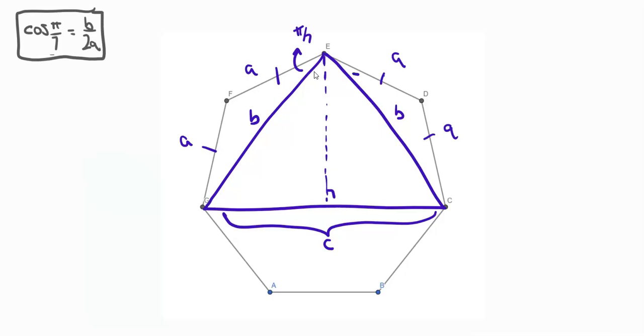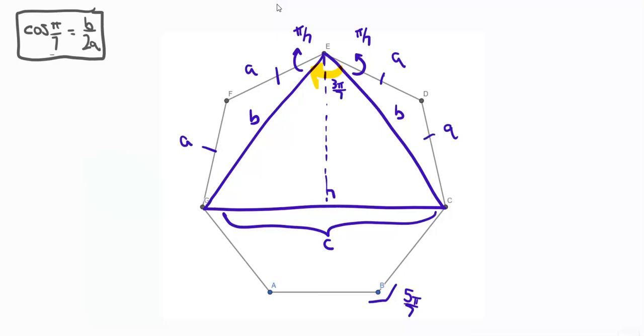We found that each of those smaller angles was pi over 7, but we know that the vertex angle on the heptagon itself is 5 pi over 7. So inside here, let's mark this with a highlighter. We're showing this entire arc right there. That entire arc is 3 pi over 7.